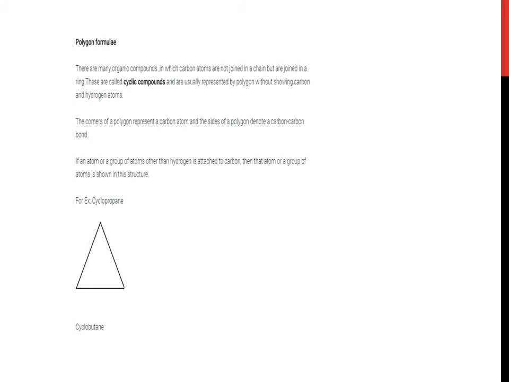That's why it is written as a closed structure. So 3 dots always form a triangle. Similarly, students, you try to write down cyclobutane. But means 4 carbon atoms. And whenever 4 dots are there, the easiest available polygon is a square or a rectangle.